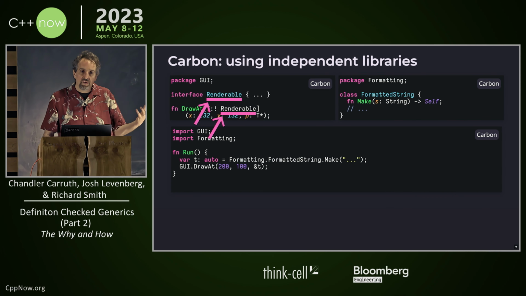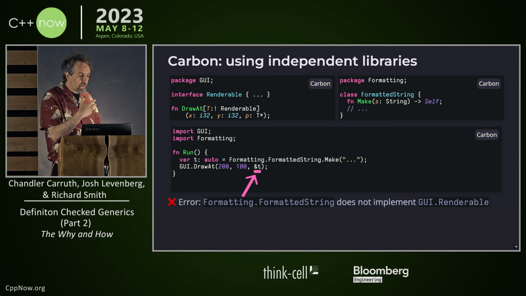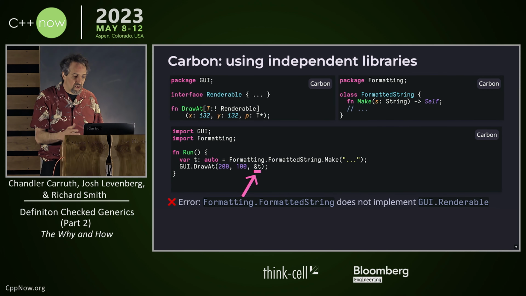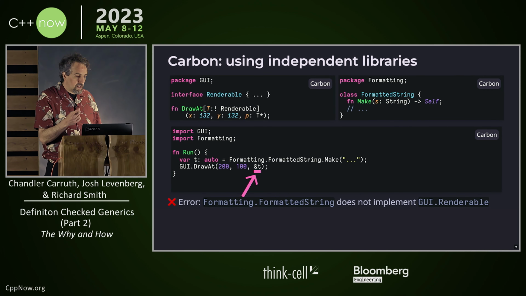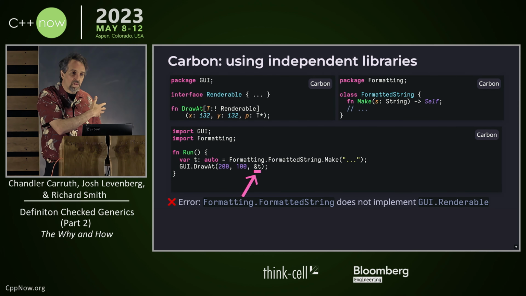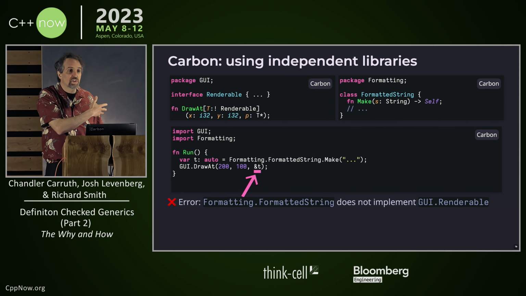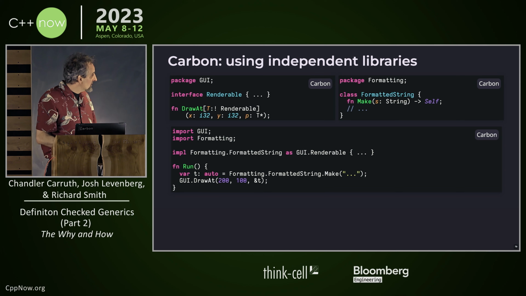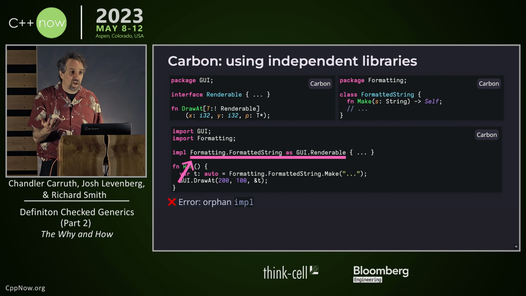We have another package, unrelated, no dependency relationship, with a type. And then we have our program, which wants to use both of these together, but it can't pass the type to the generic function because it doesn't implement the interface. So if we try to implement the interface, we're going to get an orphan error.